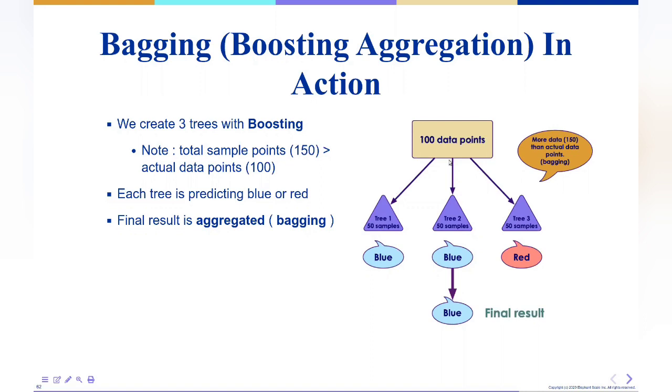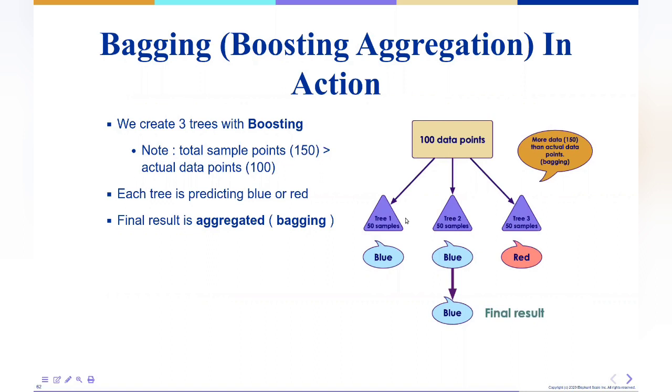So next time I pick another 50 random points. Most likely these trees will have some overlap in the data, and that's fine. We don't need completely non-overlapping data samples. You're just randomly picking 50 each, so most of the samples each tree has are different from the other trees.